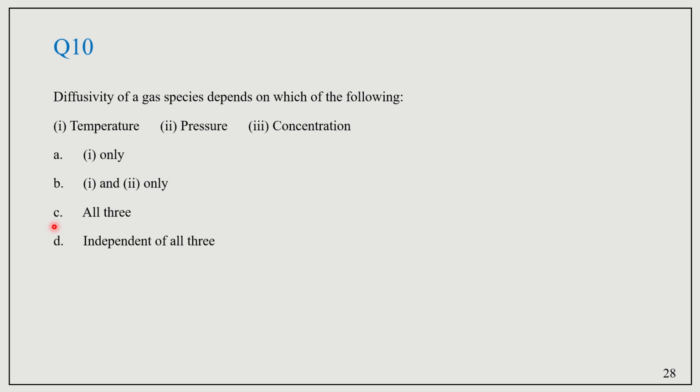And gas composition, again concentration, how much the concentration is, based on that concentration gradient it generally moves. So diffusion of a gas species depends on the temperature, pressure and concentration, all three. So option C, all three, is the right answer. So now we will go to question 11.